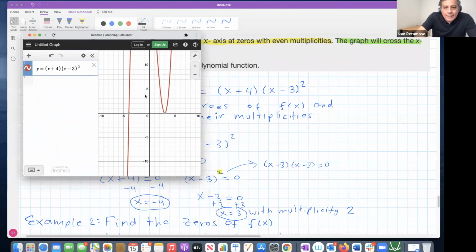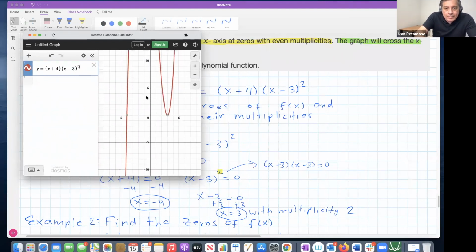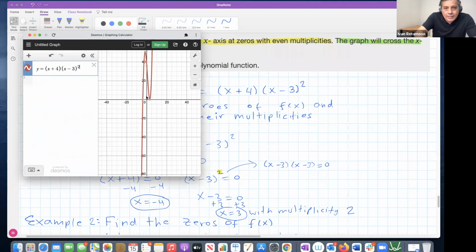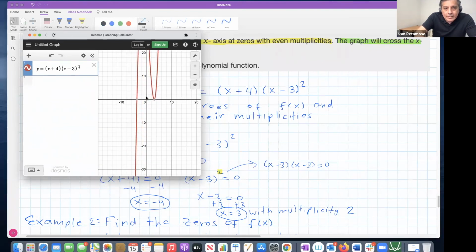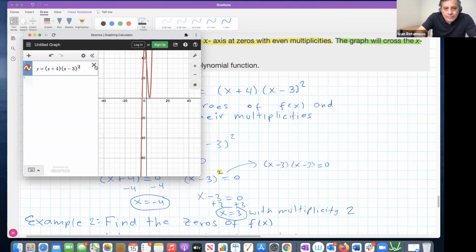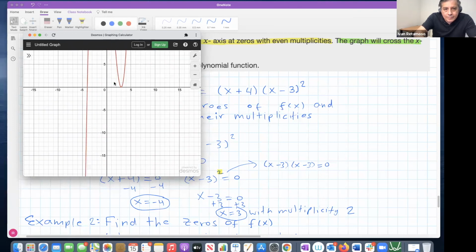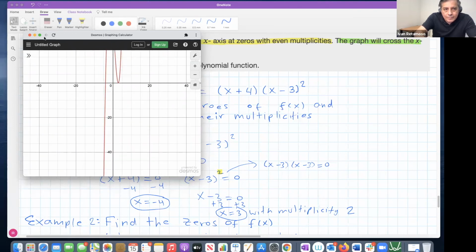Notice that the graph, let me make it smaller so you all can see it. The graph is crossing here at x equal minus 4, consistent with the fact that the exponent here is odd, the number 1 is odd.